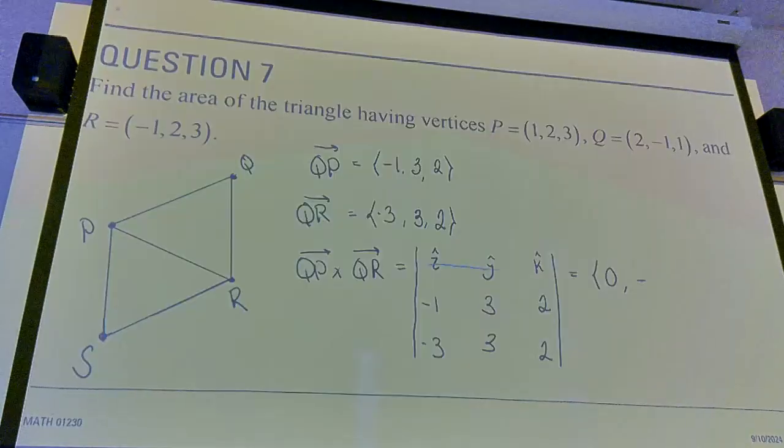Cross out the first row, now second column. Negative 1 times 2 minus 2 times negative 3. Negative 2 minus negative 6, 4.